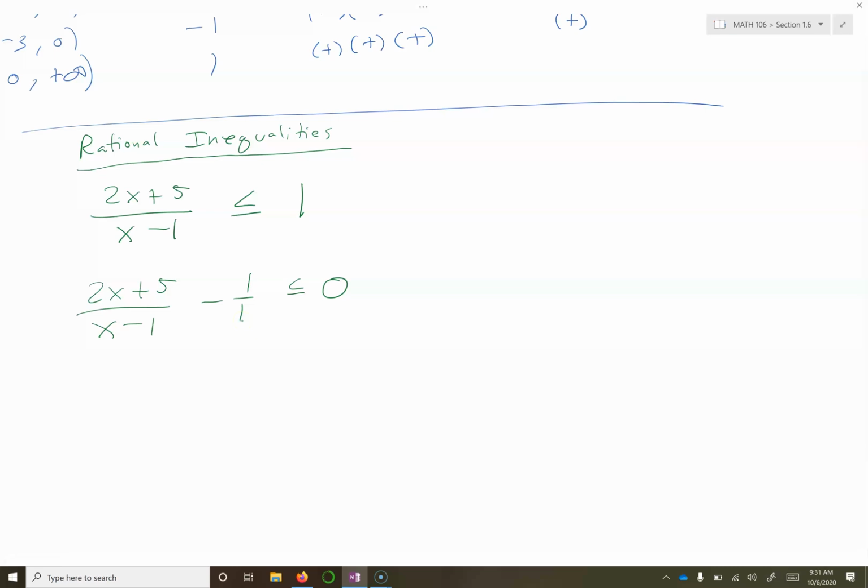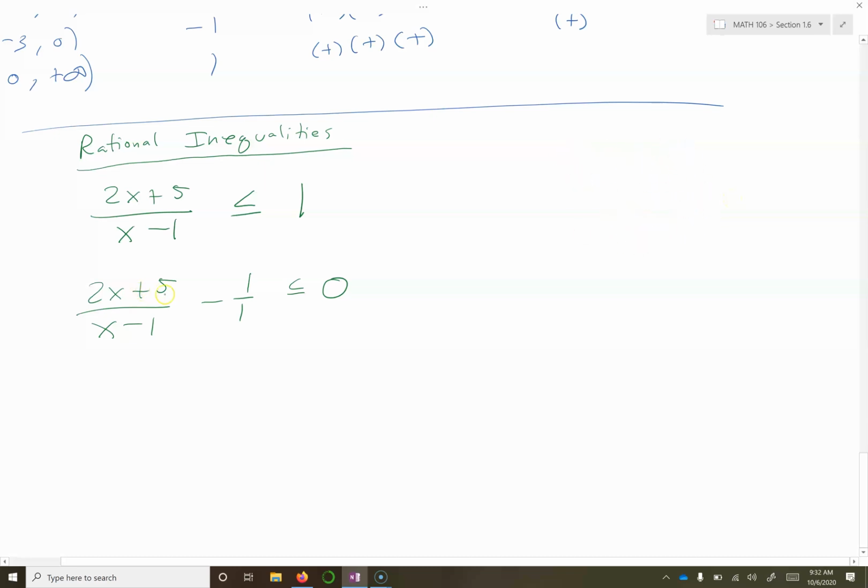Do you remember how we did this back in, I think it was the P section? If you had A over B plus C over D, you did A times D plus B times C over B times D. Remember all that stuff, right? Same thing here.